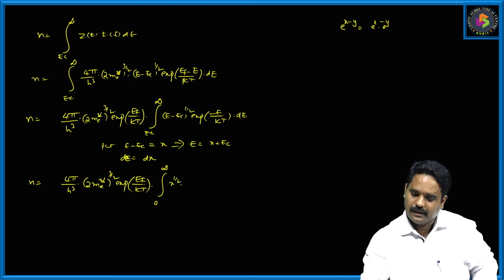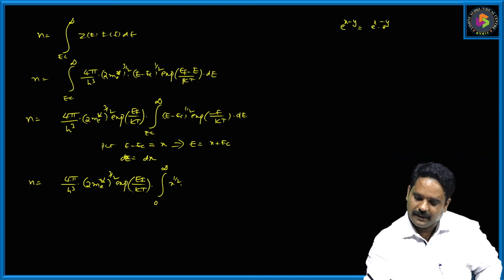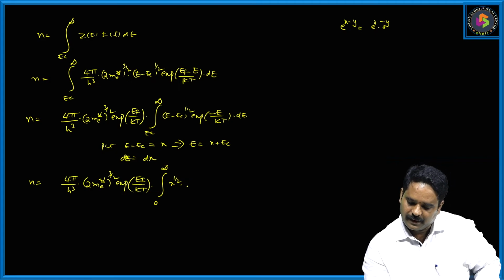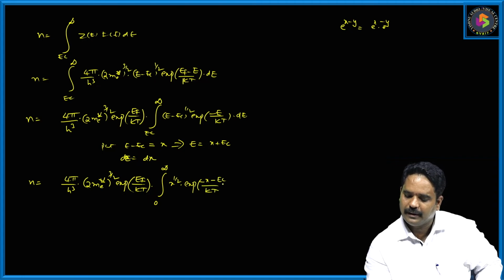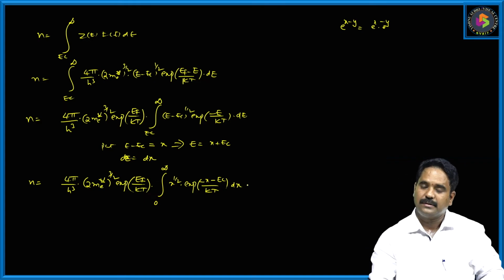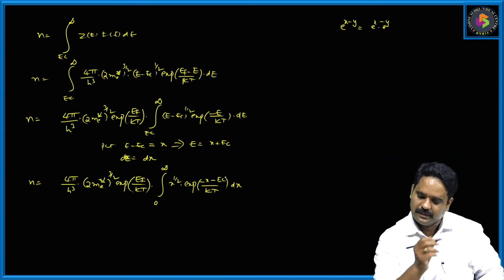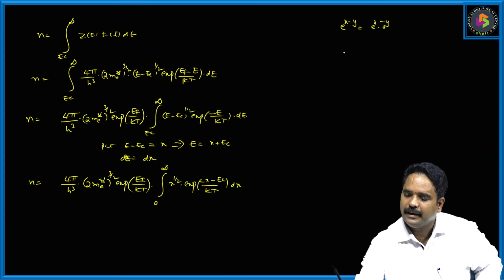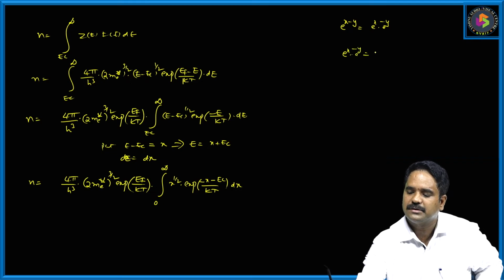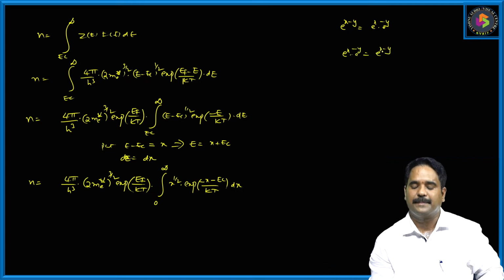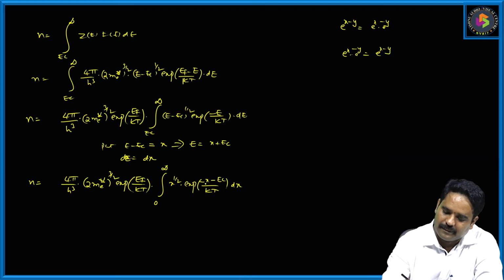Then minus E equals minus x minus Ec, so we can write the exponential of minus (x plus Ec) by kT dx. Here, Ec by kT is a constant that can be taken out, and we write e^x into e^(-y) equals e^(-x-y), so this term can be added here.